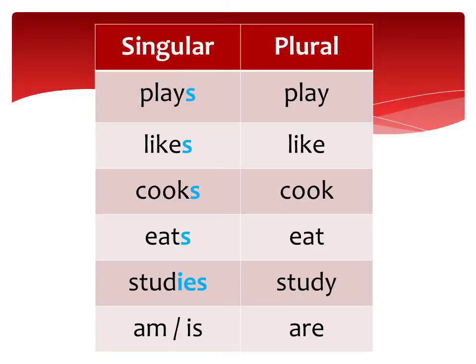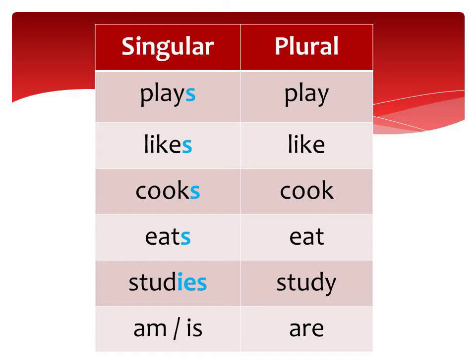So, you already know that the base form of verbs such as play, like, cook, eat, study are the plural form of verb, right? And to form their singular, we just have to add S or ES.